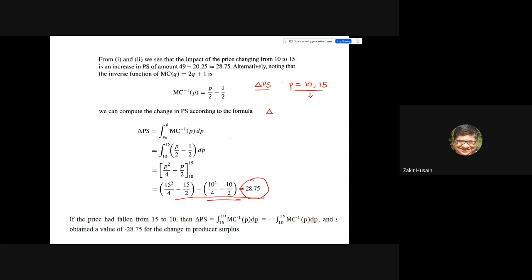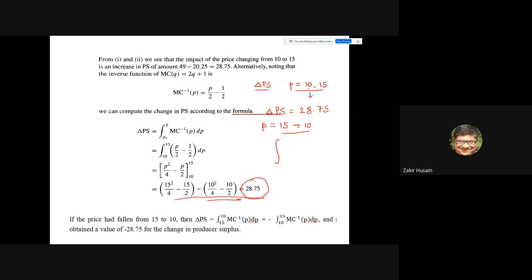Now, suppose the price has gone up from 10 to 15. So the producer surplus increases by 28.75. But suppose it is the opposite. Price was 15, now it becomes 10.